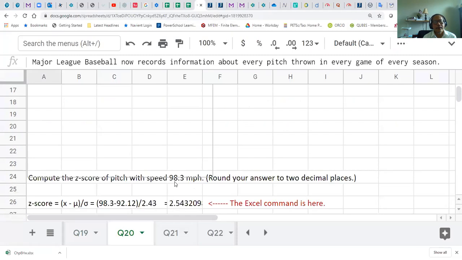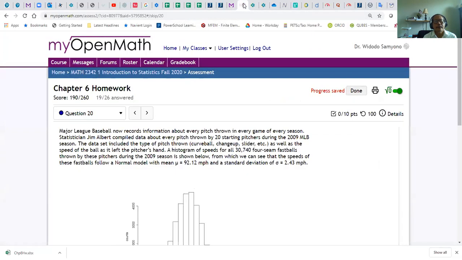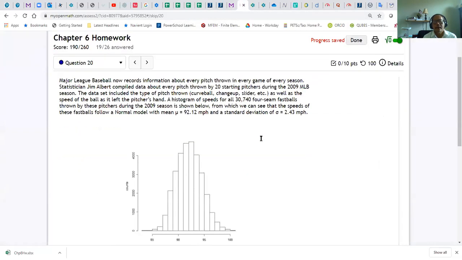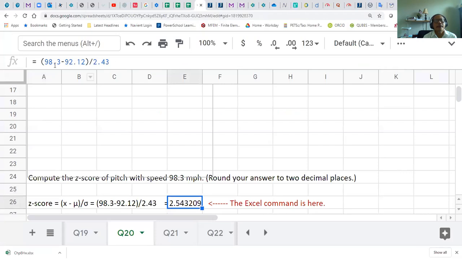So that's the picture, and this is the z-score here. The number that you have here is 91.5.